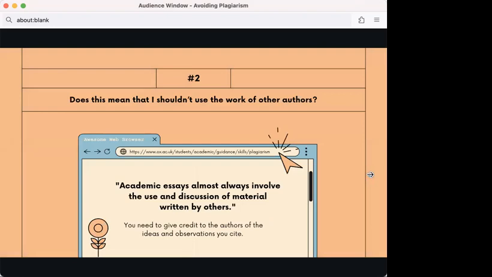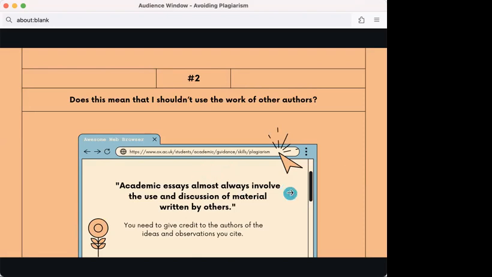Number 2, does it mean that I shouldn't use the work of other authors? Actually, it is vital that in your writing, in intellectual writing and debates, you borrow others' writing and ideas to support your argument.